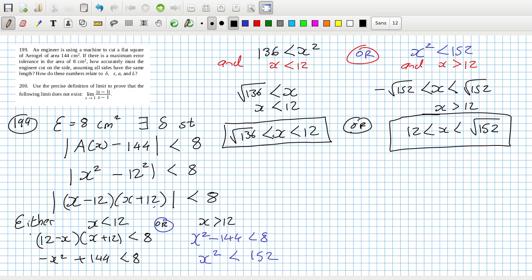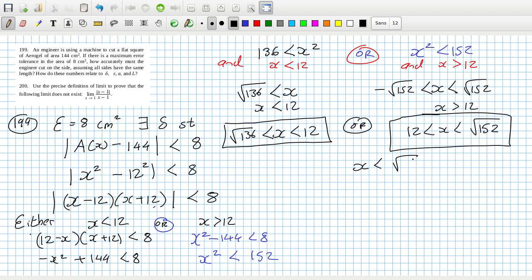So if we want to collapse these two inequalities into one inequality, it could be either. So x could either be in the first camp or the second camp.